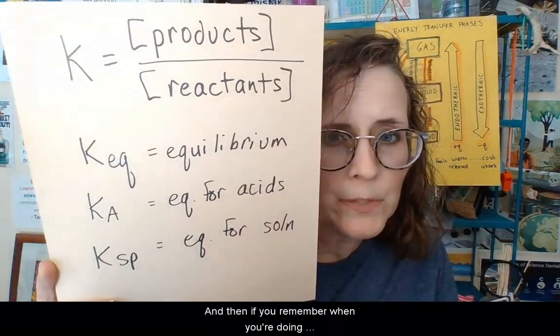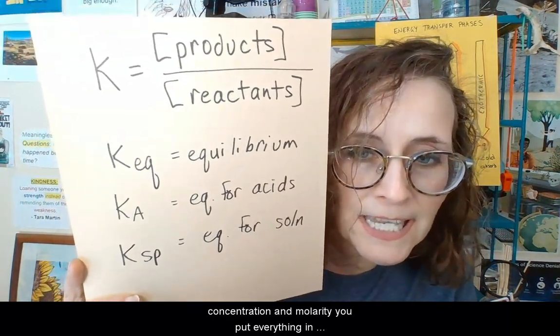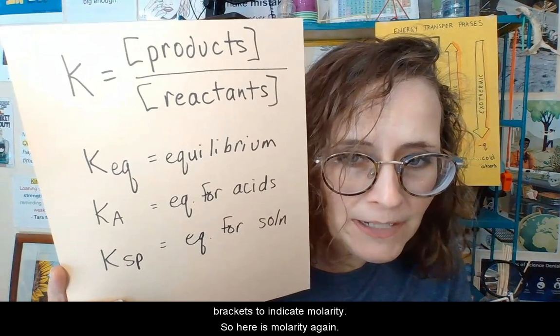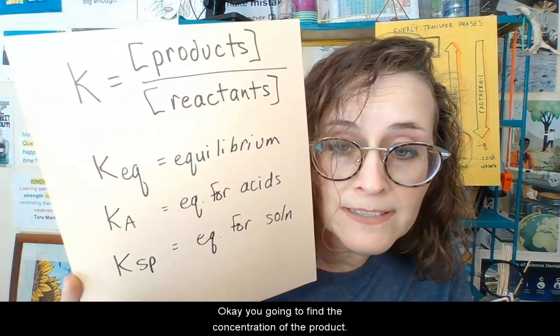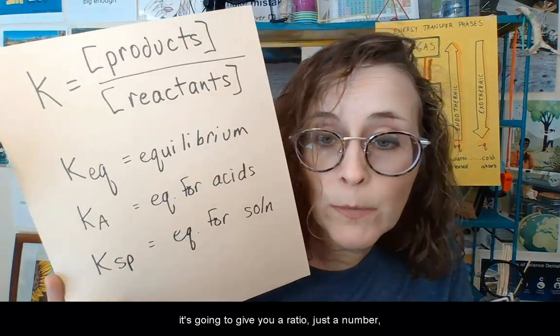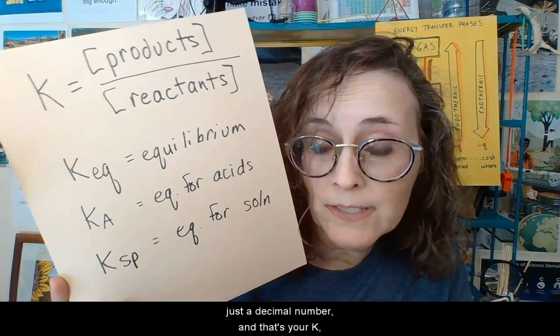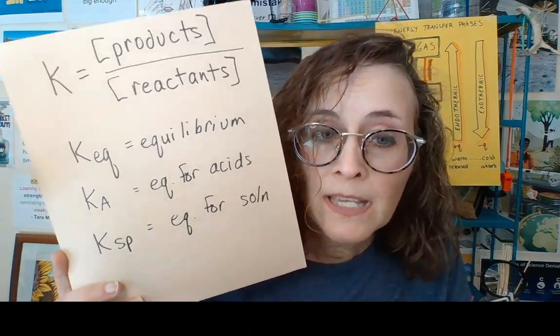And if you remember when you were doing concentration and molarity, you put everything in brackets to indicate molarity. So here's molarity again, okay? You're going to find the concentration of the products and divide it by the concentration of the reactants. It's going to give you a ratio, just a decimal number. And that's your K, which is the equilibrium constant.